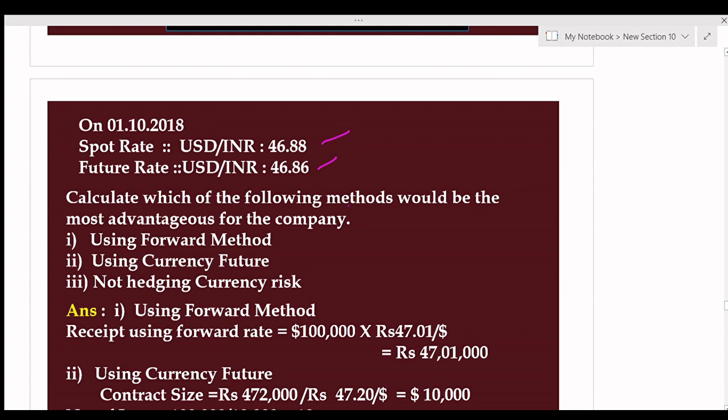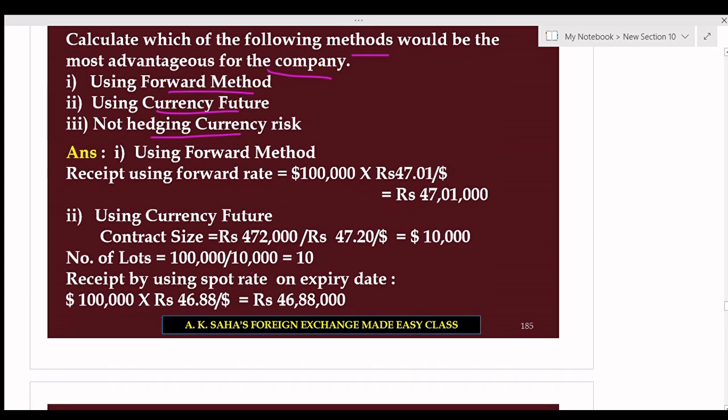Calculate which of the following methods would be the most advantageous for the company: using the forward method, using currency futures, or no hedging of currency risk. So the receipt using the forward method will be $1,00,000 multiplied with the forward rate after 3 months, that is 47.01. The money will be 47,01,000.